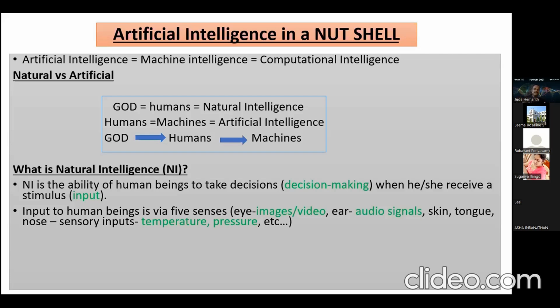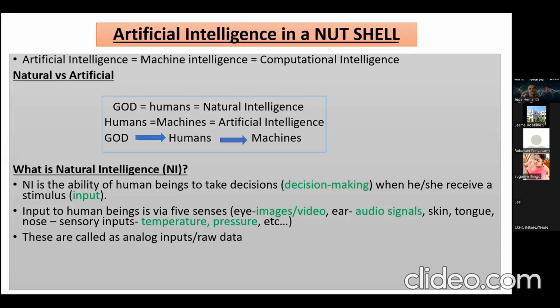But if you are in an AC room, it will be chill. If you are in a normal room, it may be hot. So that is given in terms of numbers, which we call numerical data or text data. So these are called analog inputs or raw data. When these inputs reach our human brain, it takes a decision.